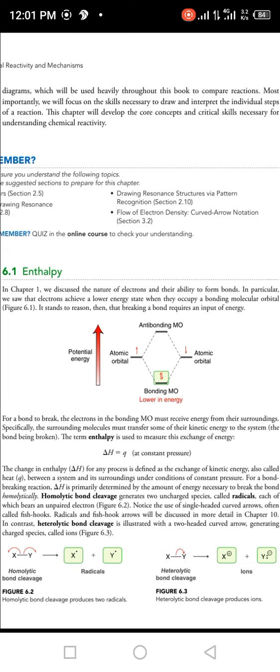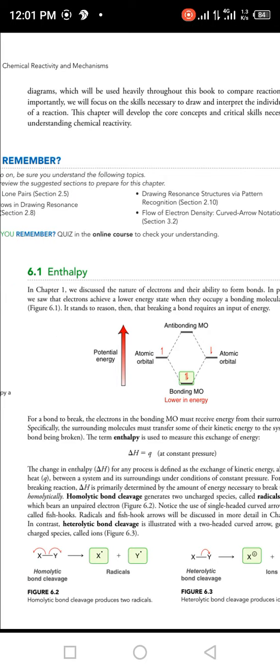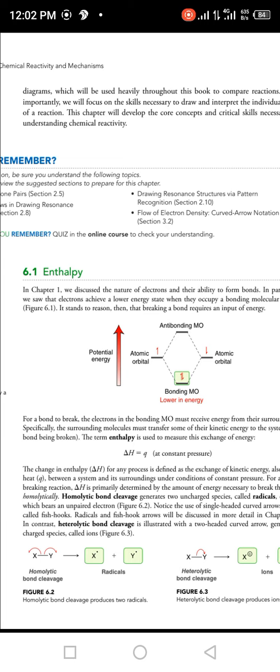For a bond to break, the electrons in the bonding molecular orbital must gain energy from the surrounding. Specifically, the surrounding energy may be in the form of kinetic energy of the system or any type of heat energy. Such type of energy is called enthalpy.